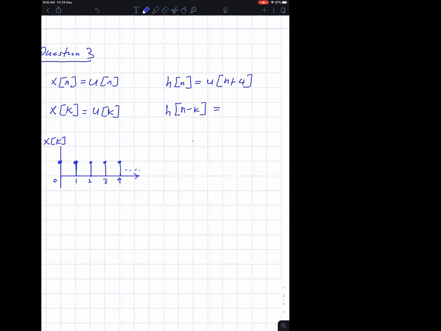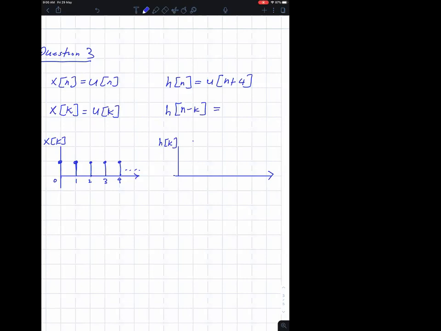First, you sketch h of k first. Start with the basic signal first.